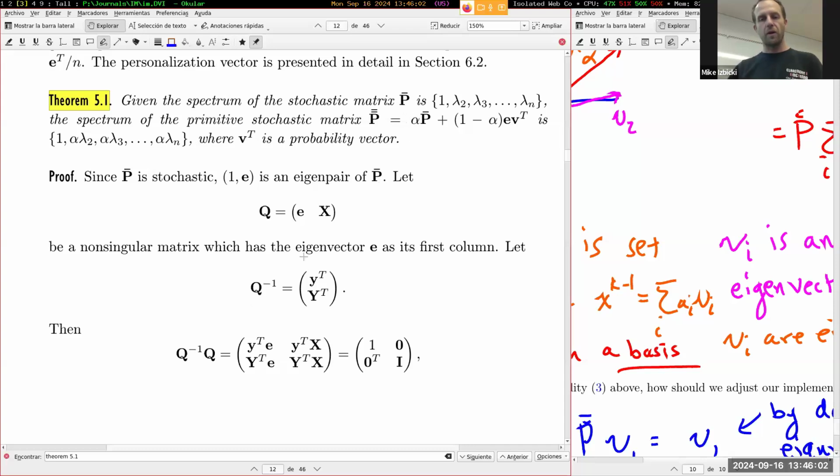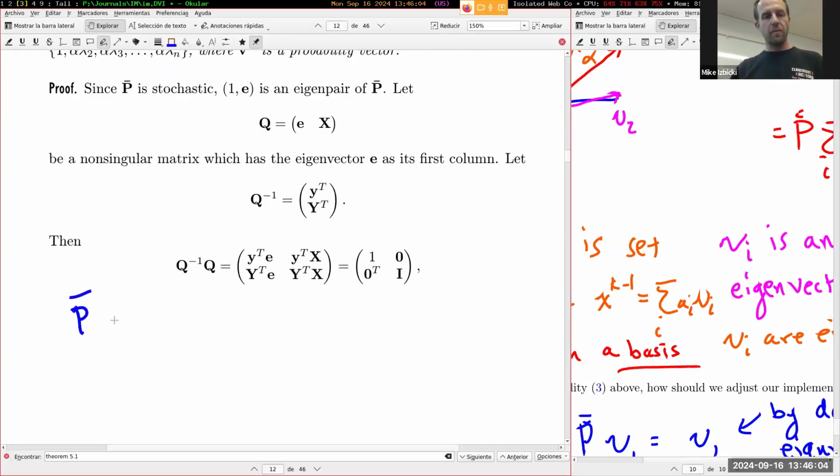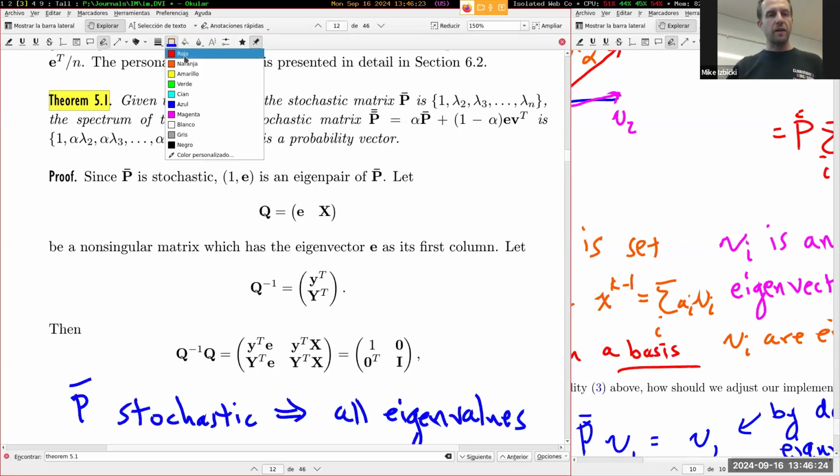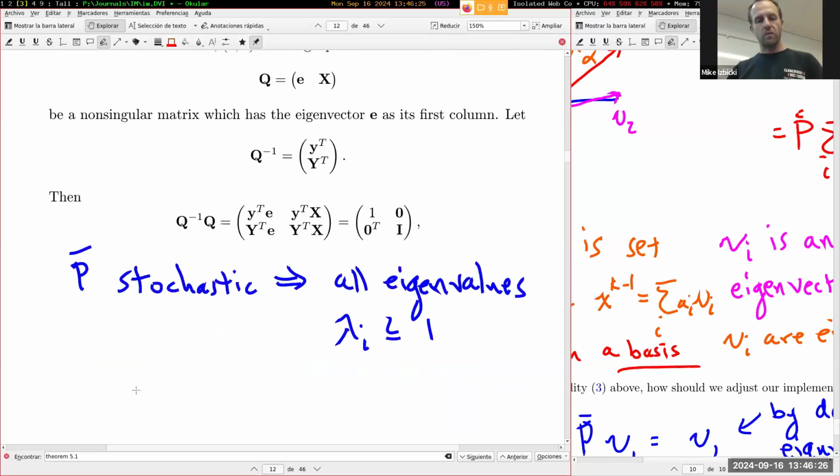stochasticity, so P bar being stochastic implies that all of the eigenvalues are less than or equal to 1. So I wrote out all eigenvalues here, but that's equivalent to all the lambda i less than or equal to 1. And that combined with the fact that alpha is strictly less than 1 implies that alpha times lambda 2 is strictly less than 1.